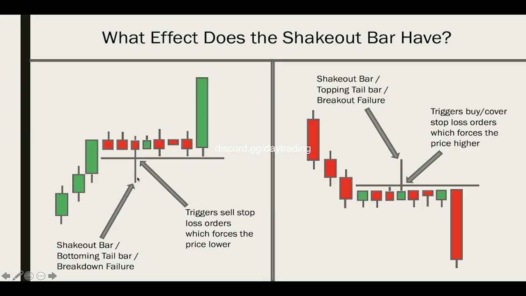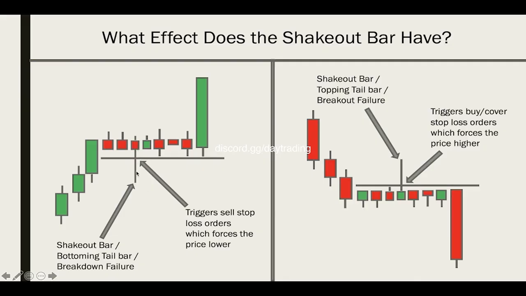As soon as it tried to drop, it went right back up. That is, in essence, what a shakeout bar is. And this is what I mean by battle tested: the sellers showed up and tried to bring this lower, but there was so much buying pressure that they brought it right back up, and then it continued to base at the highs. And this is a very bullish sign, right?